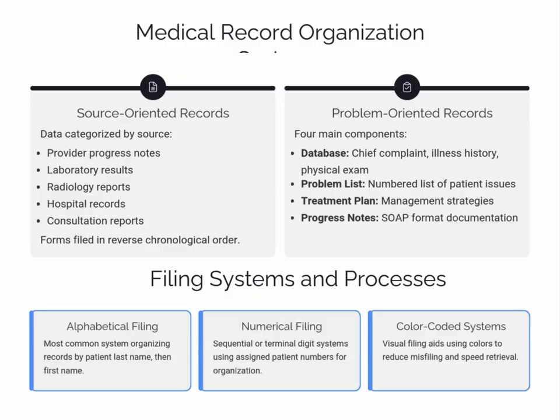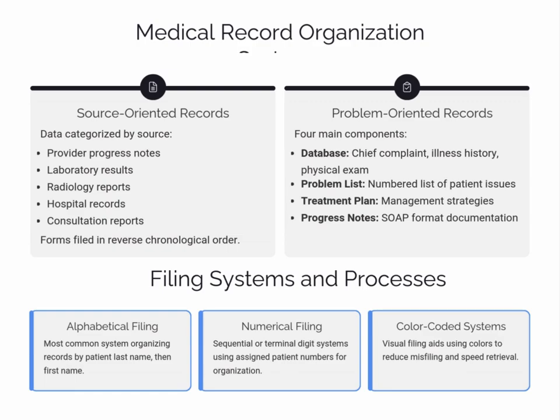However, that can run into some issues for mistakes, especially if they have the same last name, or especially the same last and first name. You can really run into some errors. And if you have a lot of patients, that's going to take up a lot of space.